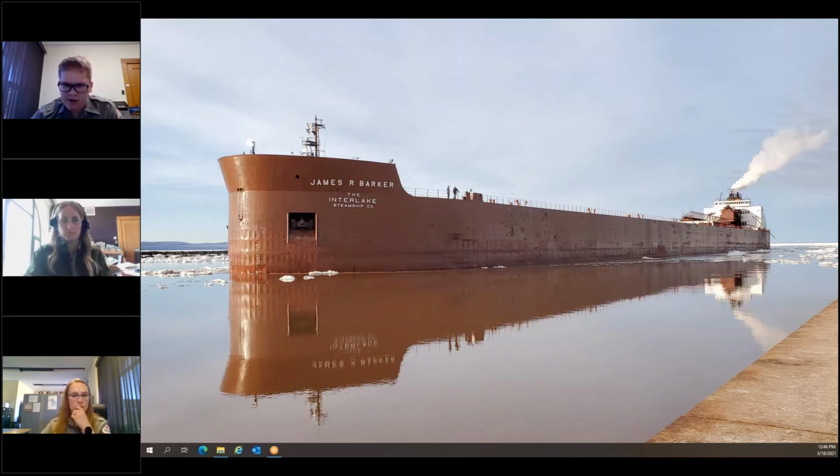I believe that was when it became more standardized with all the different ore docks around the lakes. I could be wrong on that though, don't quote me on it, but I'm pretty sure that's when that standardization became regular on all different ships, and they're all standard today, as Richard has pointed out.